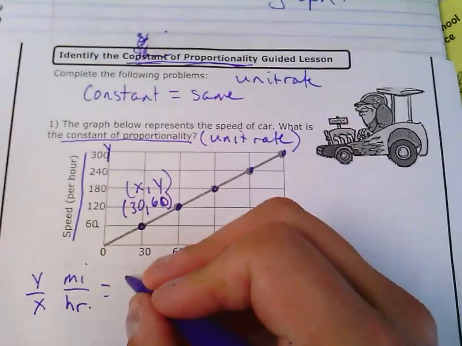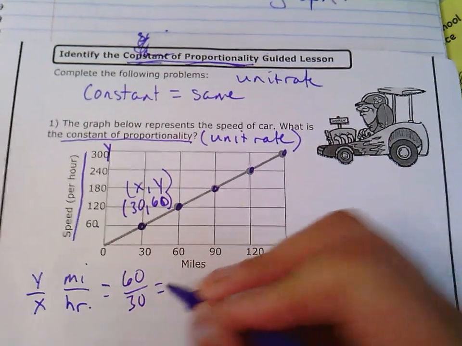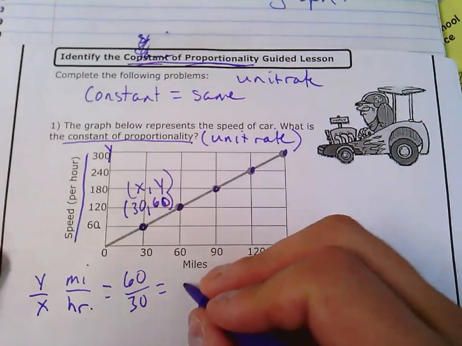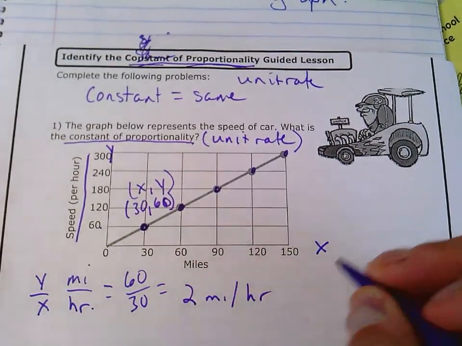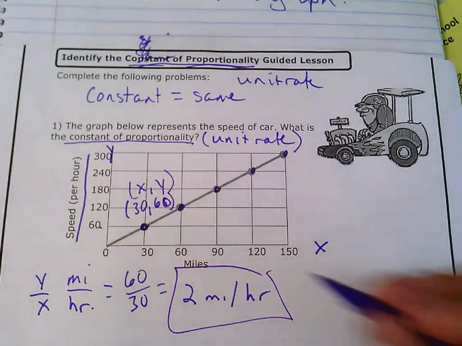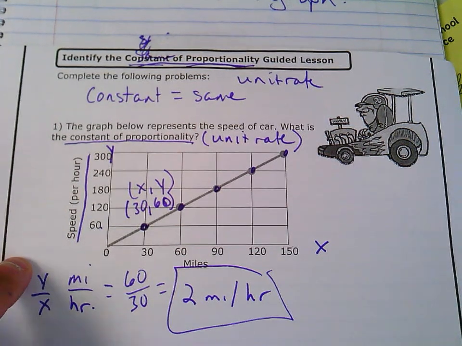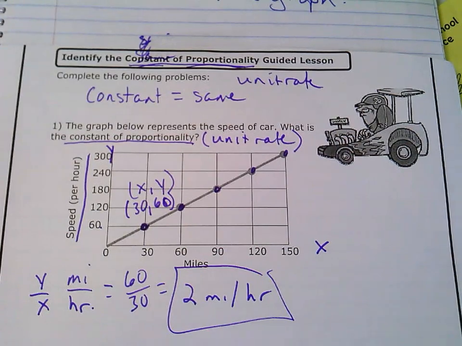So I could take 60 over 30, and 60 divided by 30 equals 2 miles per hour. So finding the unit rate off a graph is just taking a coordinate and writing it y over x: 60 over 30. All right, let's take a look at another one.